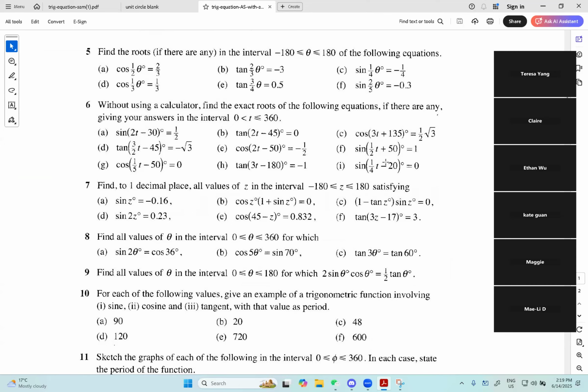For this question, please try 6A. You have it? Everybody have a try 6A.